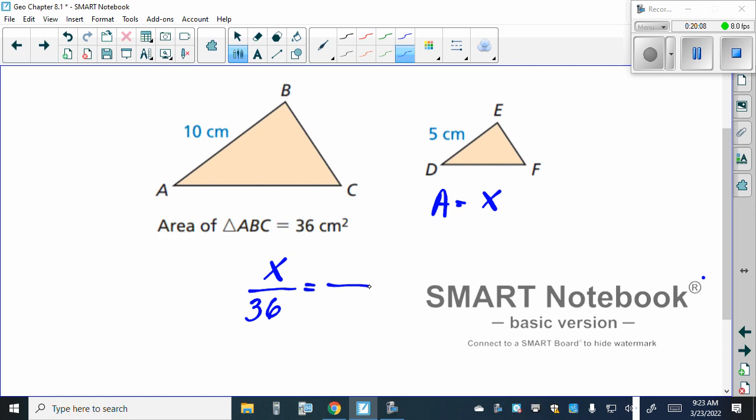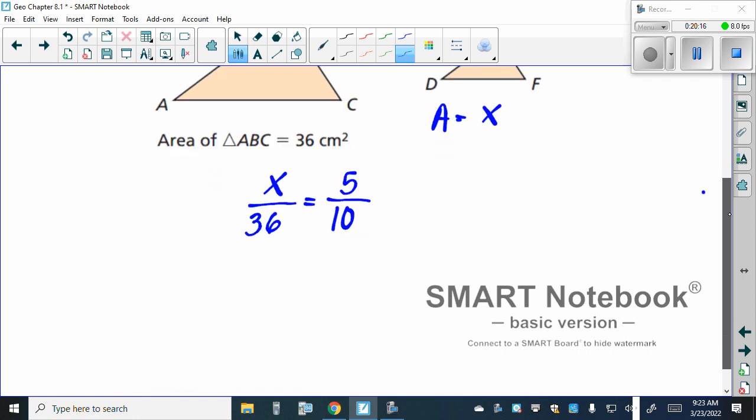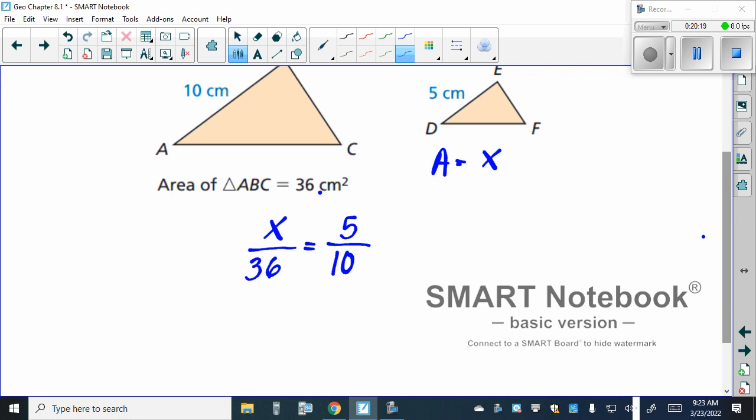The length of the new one is 5, and the length of the old one is 10. But what are our units in area? They are in centimeters squared, yes? The lengths for 5 and 10 are both in just centimeters. This is also why we need to square it, because we need them in the same units. Whenever we talk about proportionality, the units need to be the same.